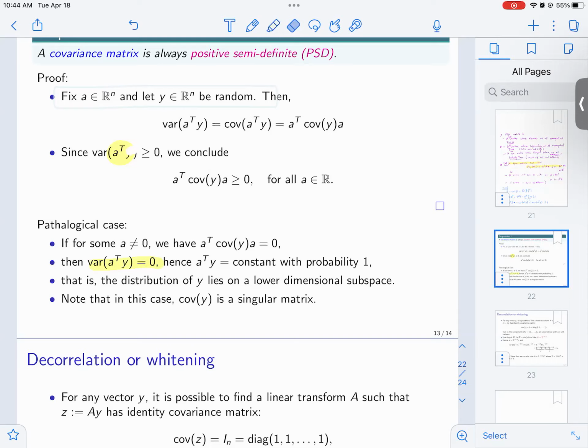Does anyone know what happens if a random variable has variance 0? Yes, it's always the same thing. It's constant. So A transpose Y would be constant.